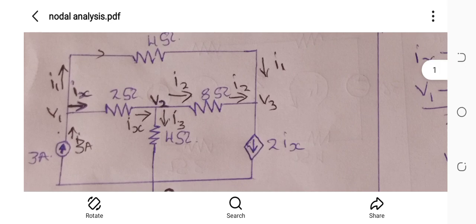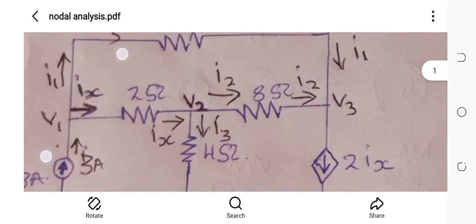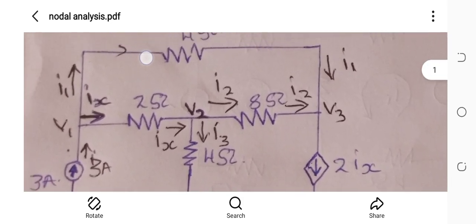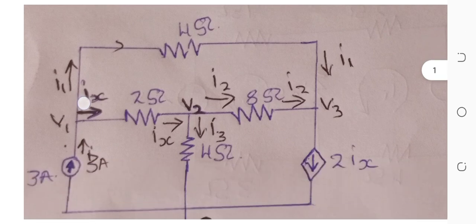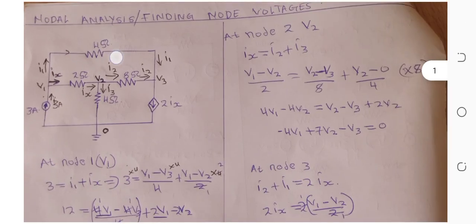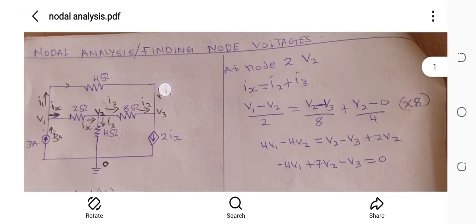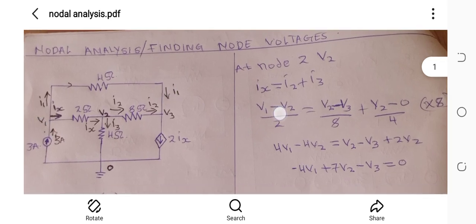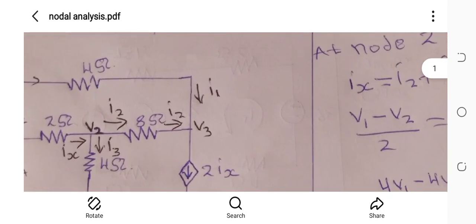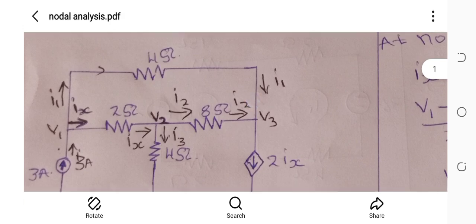Then we have I1, which is going this way. If you follow it, you'll go this way, it's coming this way, then it ends here, you can see. Where it ends, it is at V3.